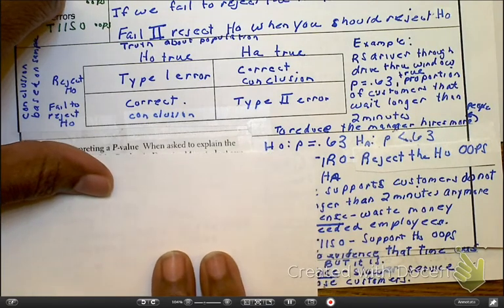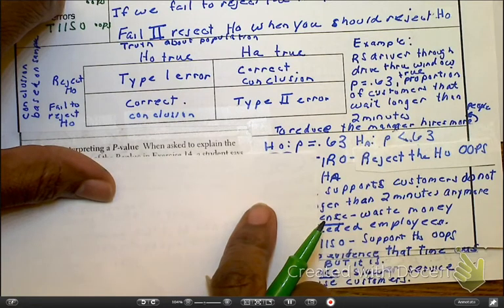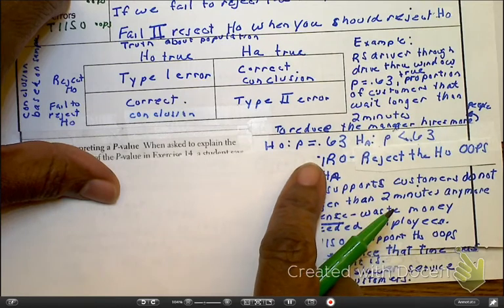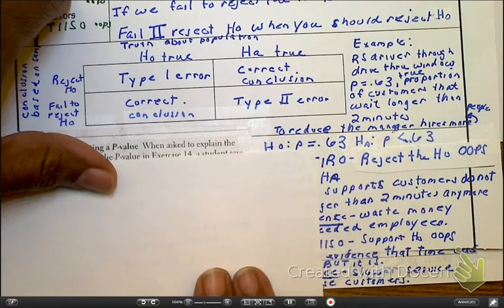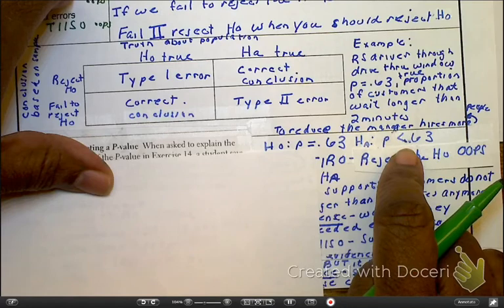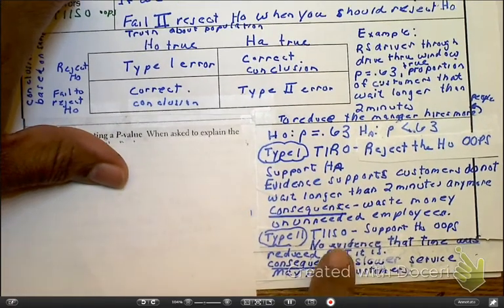Here, remember, the whole premise is, let's look at our hypothesis test. Our H0 is that it's going to be 63% wait longer than 2 minutes. But our HA says no, that there is a reduction. So is our Type 2.